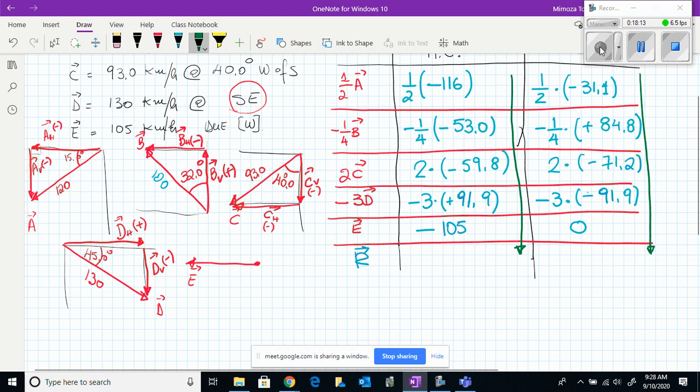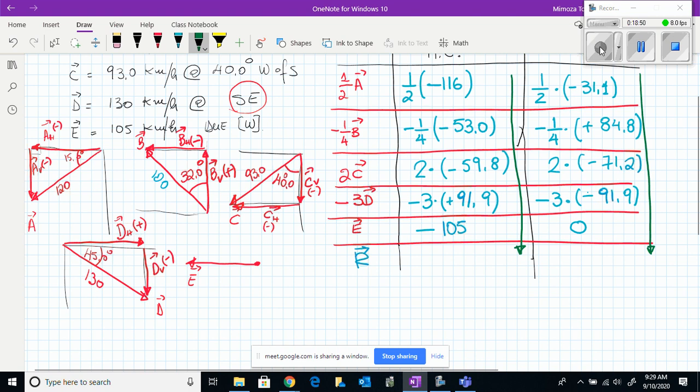So now in our calculator, 0.5 times -116, negative and negative for the -1/4 times -53 will be positive, plus 0.25 times 53, minus, because positive and negative will give you negative, 2 times 59.8.